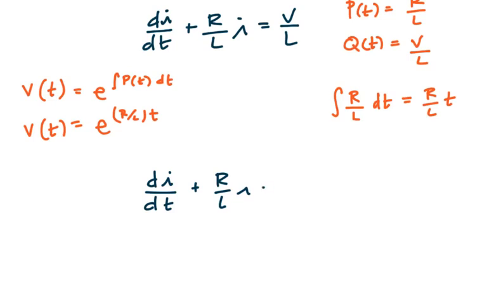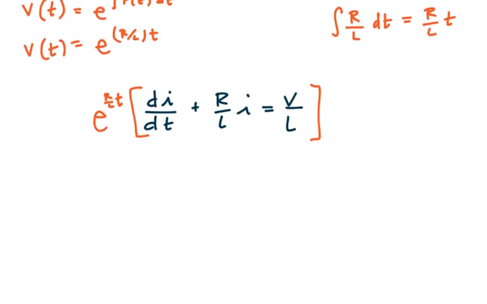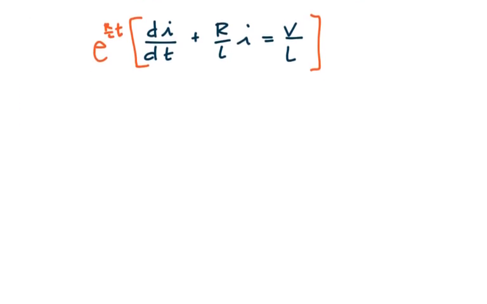So this equation is going to be multiplied by e to the R over L t. And we start to notice patterns as we run through these problems, but I'm going to write this out instead of shortcutting it.